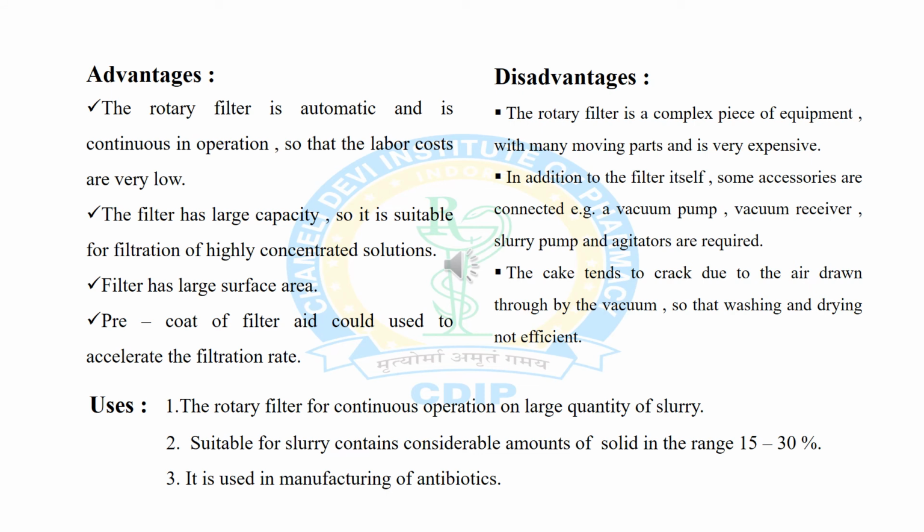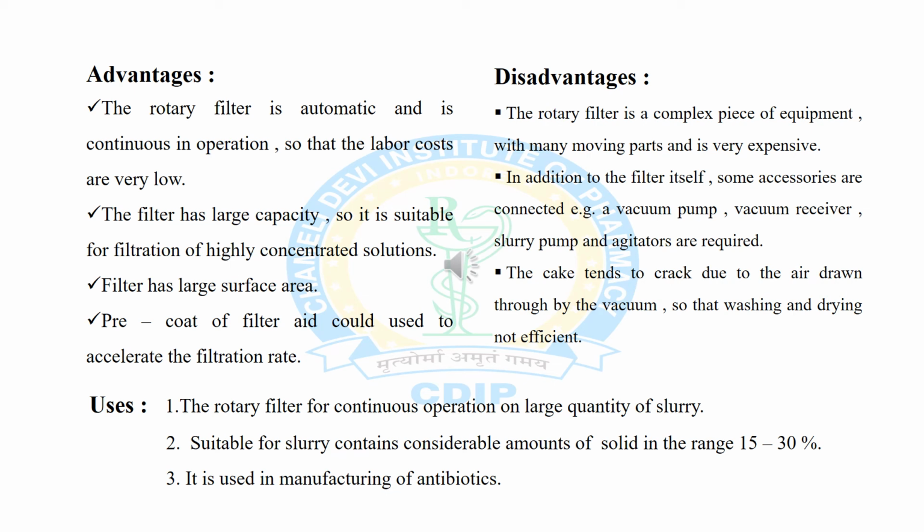Here we discuss some advantages and disadvantages as well as the uses of the rotary drum filter. First we talk about the advantages. Some advantages are listed below. The first advantage is that the rotary filter is an automatic process and is continuous in operation, so the labor costs are very low.